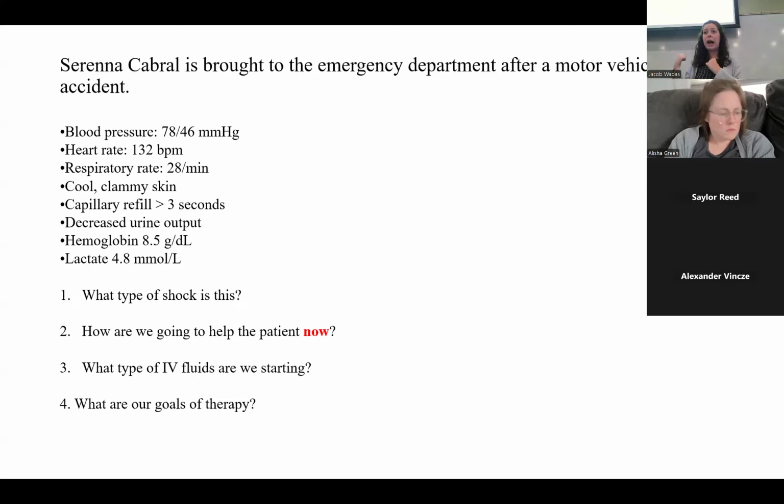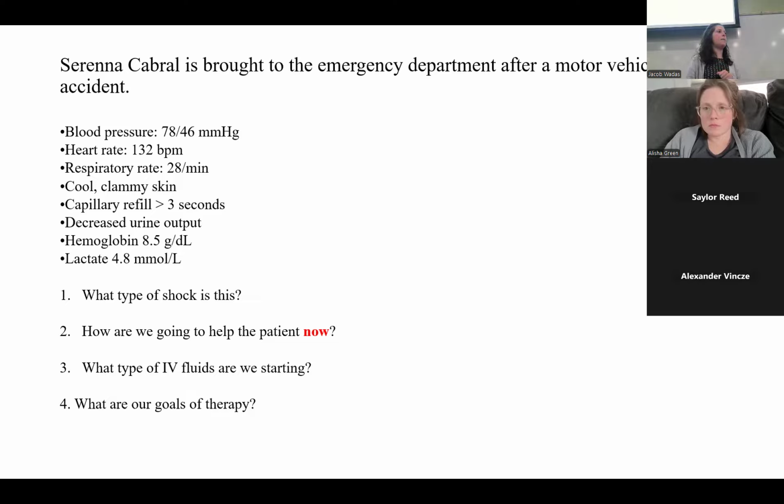And monitoring the lactate, making sure that goes back down into our normal range. We don't have information in this case on this, but Serena could be a little bit confused, a little bit dizzy. So the status of the patient, a change in mental status, is a big thing here for shock as well. So we could see if that changes.